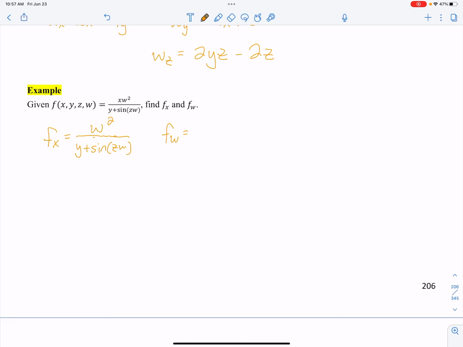Now they want us to find the partial with respect to w. But notice that I have w on top and bottom. I am going to use the quotient rule. So the quotient rule is low d high, remember these are partials with respect to w, minus high d low.